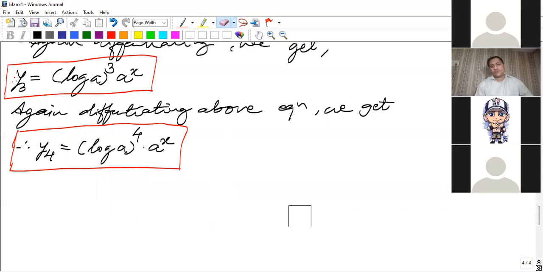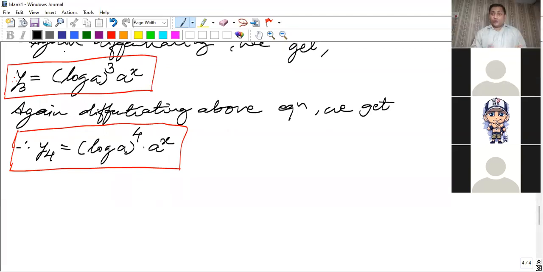How many differentiations should we do? Till we get the pattern. In the examination, once you are able to get the pattern, you need to show it. That's why we are writing this in steps: we find the first order derivative, the second, the third, and the fourth order derivative, and then we write in general.